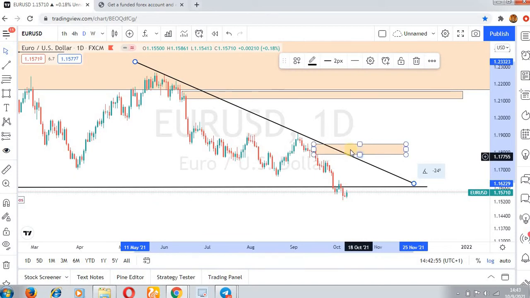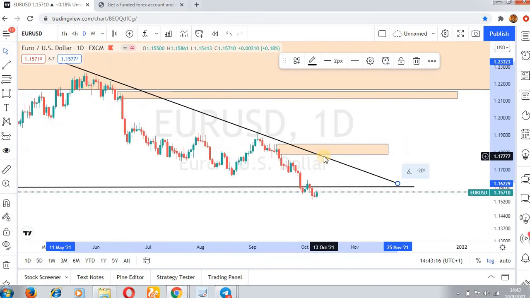There's a trend line here, which some retailers will be selling at this point. Some retailers will want to sell at this point. And also there's another block. So it makes this place a confluence.